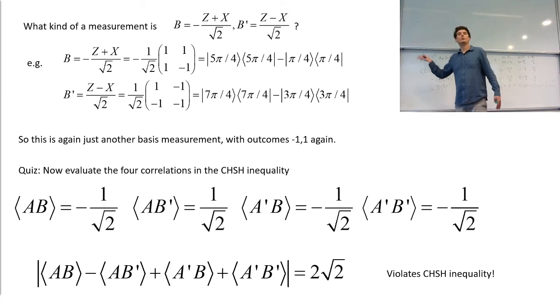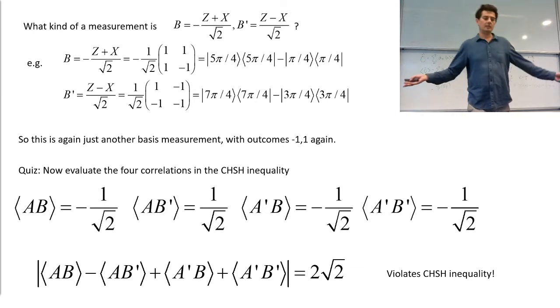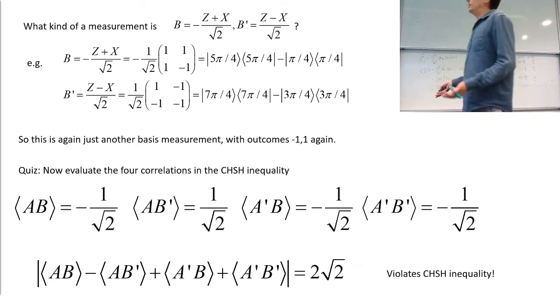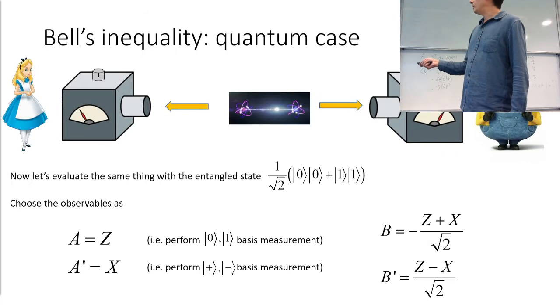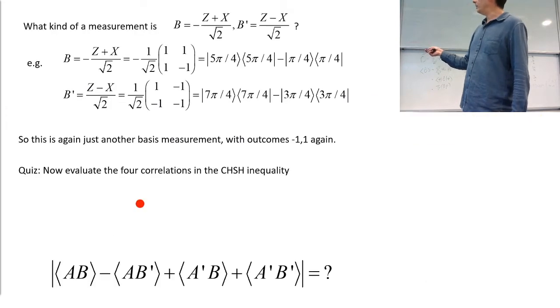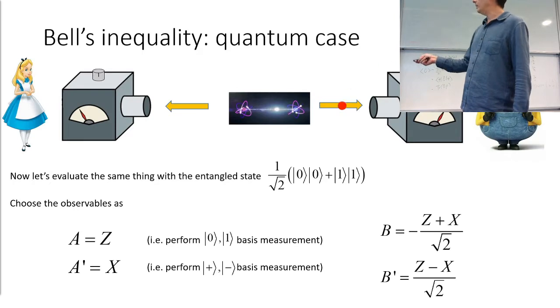This is sort of the optimal case, and I didn't show you why this is optimal or how you can work it out. It's not so hard to work out. Probably what you'd do is first start with something a bit more general. What if I did a more general measurement of A prime, B prime? I could start with 4 angles, theta 1, theta 2, theta 3, theta 4.